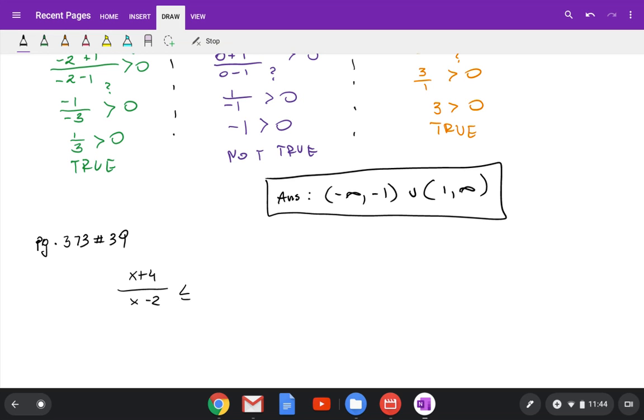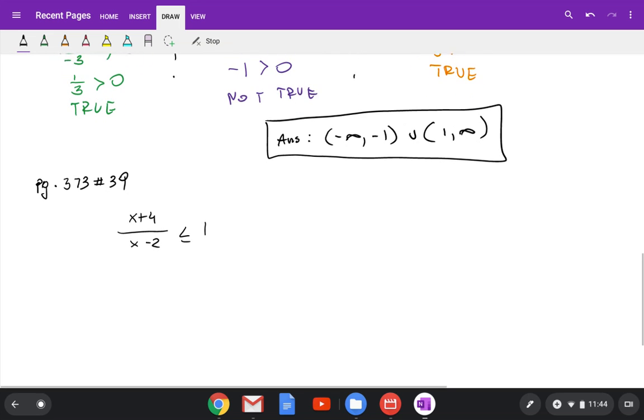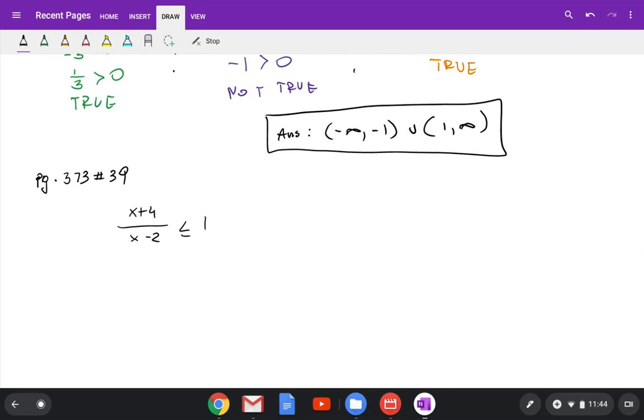Okay, algebraically. Okay, so in this case, we need to do a little more work because you don't have a 0 on the right side of the inequality. So step 1, you have to rearrange the inequality.